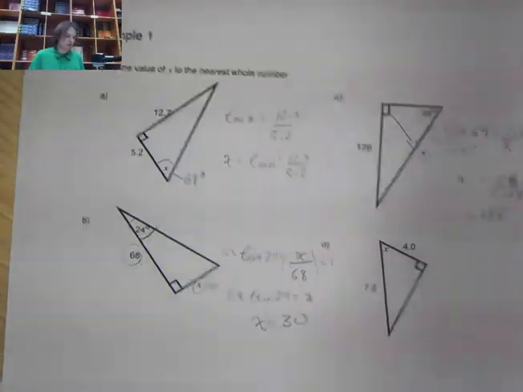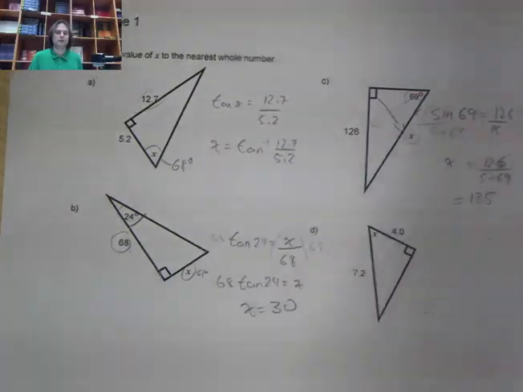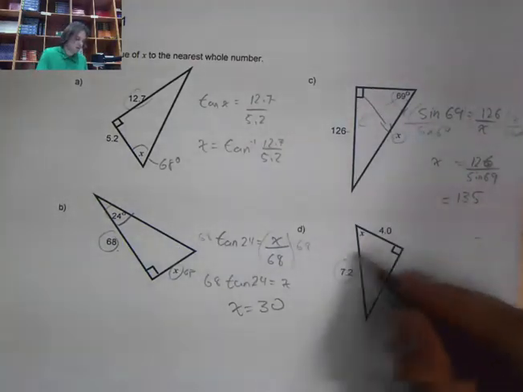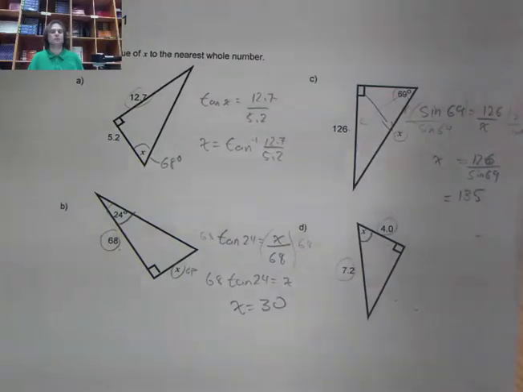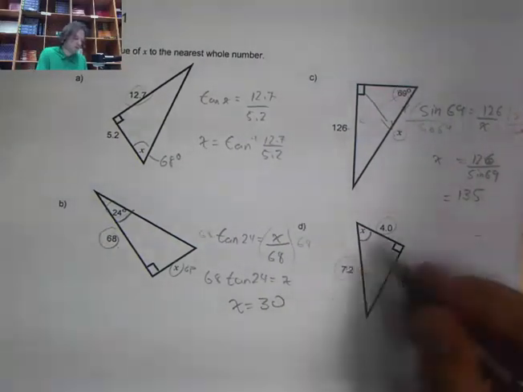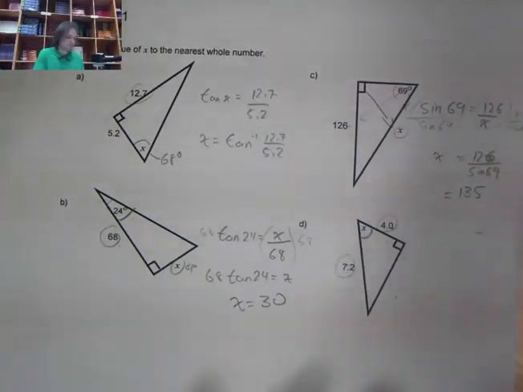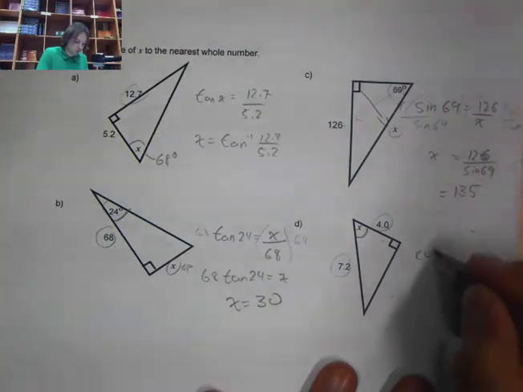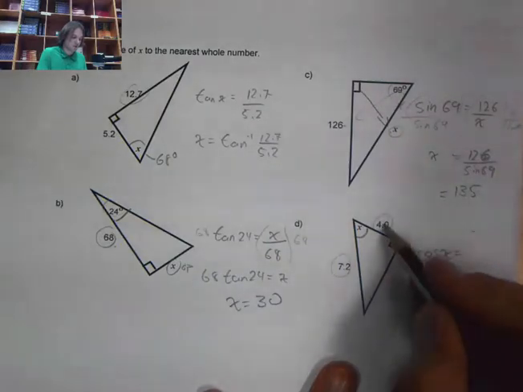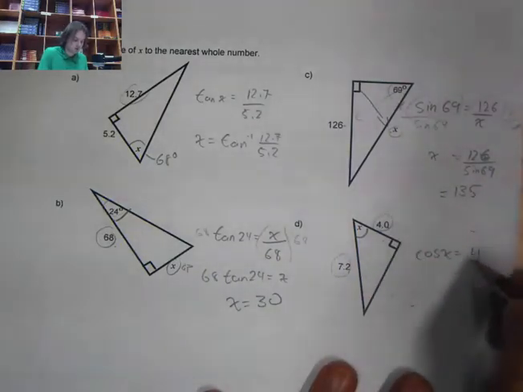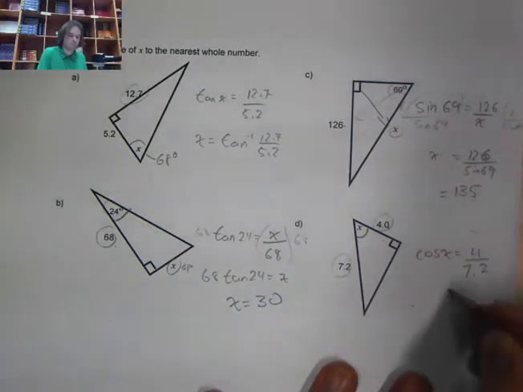Okay? Let's look at my next one here. I have 7.2 and 4.0, and I want to find this angle here. Well, I have hypotenuse and adjacent, so I'm going to have to use cosine. So cos x is equal to adjacent divided by hypotenuse, so 4 divided by 7.2.